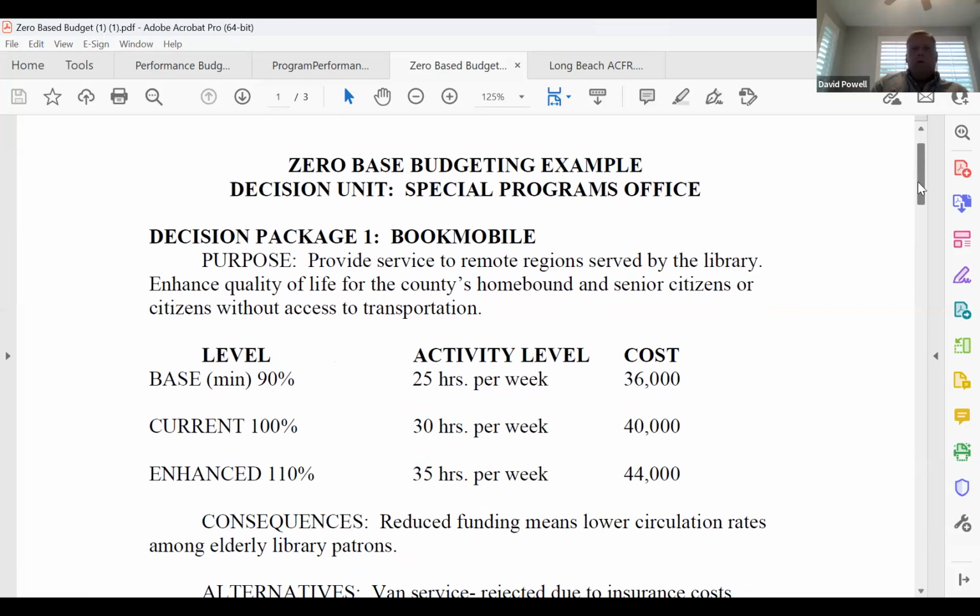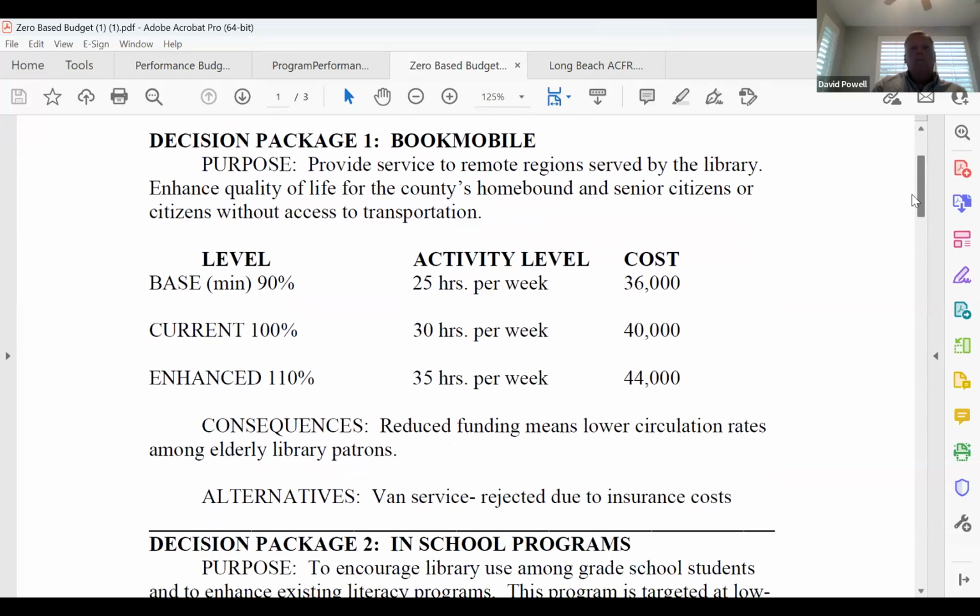The purpose of the bookmobile is to provide service to remote regions served by the library, and enhance quality of life for the county's homebound and senior citizens or citizens without access to transportation. I think we all have a pretty good idea of what a bookmobile is and how it works and what it's used for. But in this decision package, we are then offering up different levels of funding.